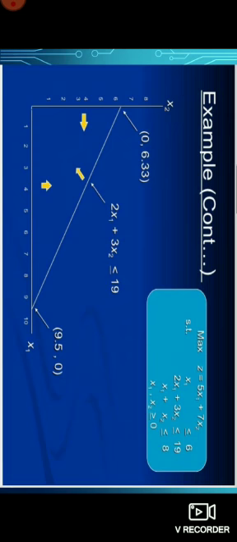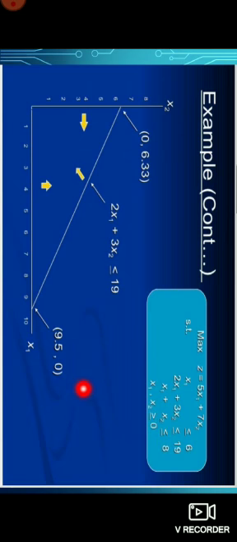x1 less than or equal to 6. The second constraint is 2x1 plus 3x2 less than or equal to 19. So in equality form, 2x1 plus 3x2 is equal to 19. Put x2 equal to 0, then x1 has value 9.5.